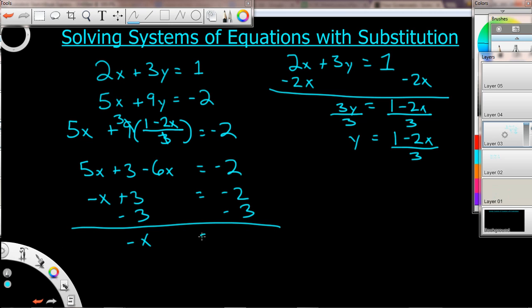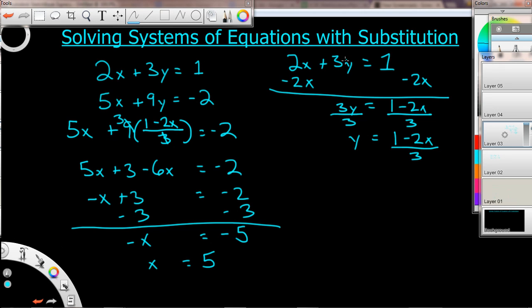We get negative x is equal to negative 5. Negative 2 minus 3 is equal to negative 5. And then multiply by negative 1 on both sides, and you get x is equal to 5, which is what we got in the first place, the first time we did this problem. And sure enough, if we plug this in here, you'll get, what was it, negative 3 for y.